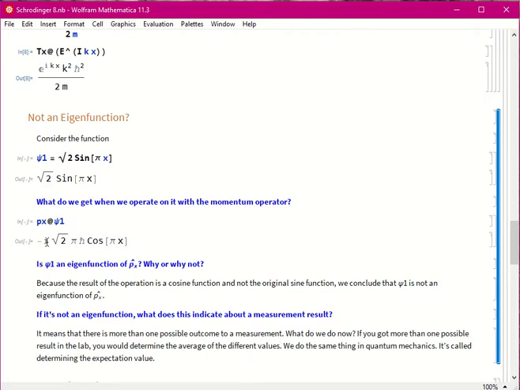Well, we notice first of all we've got a constant, and that constant has the imaginary number square root of negative 1 here, which might clue us in that there's going to be a problem, but be that as it may, the big deal is that we have a function which is not the sine but the cosine, so we do not have the original function here. When we operate on the sine function with the momentum operator, we get a cosine function. It's a different function, and therefore the sine function is not an eigenfunction of the momentum operator.